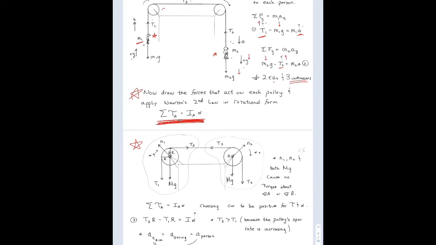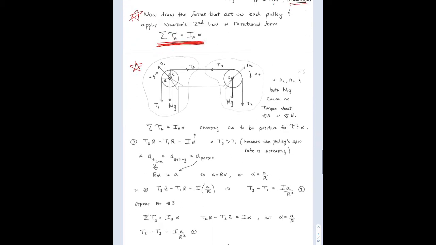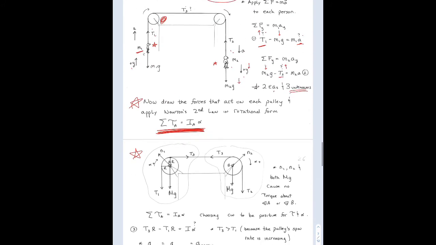Looking at my picture here, T1, the way that's drawn, is the force that pulls number 1 up. But down here, it's trying to prevent the left side pulley from rotating clockwise. That's why T1 points down. This string is trying to rotate the pulley clockwise. That's why T3 points that way.